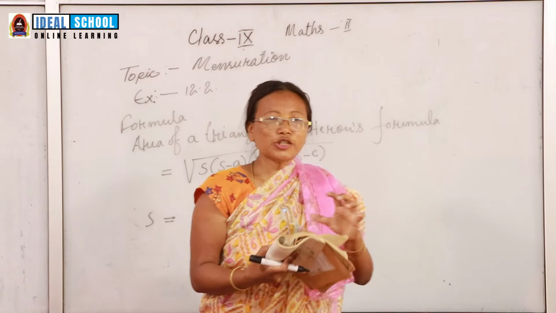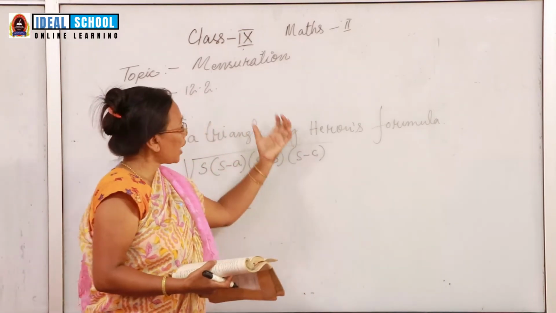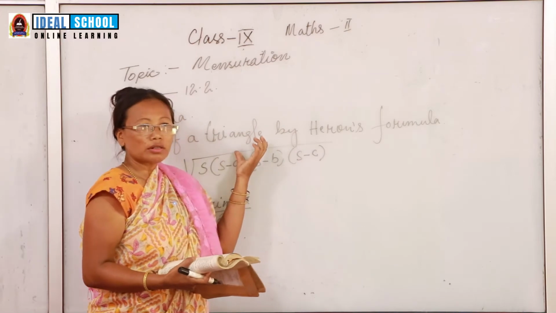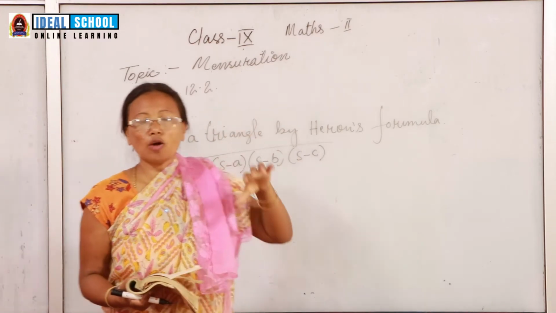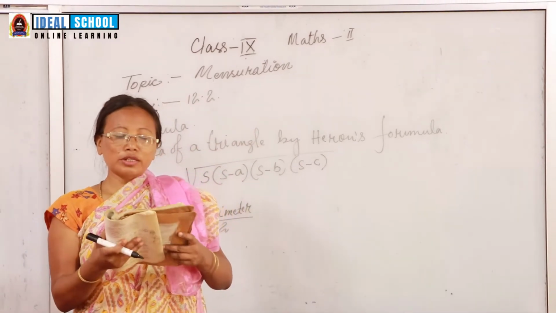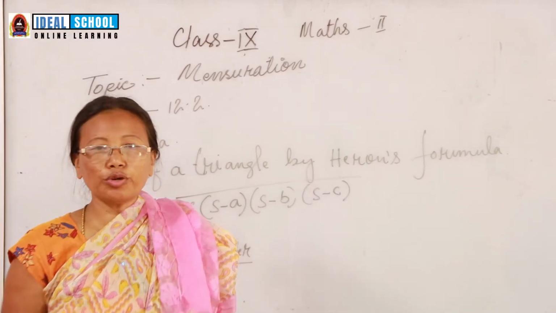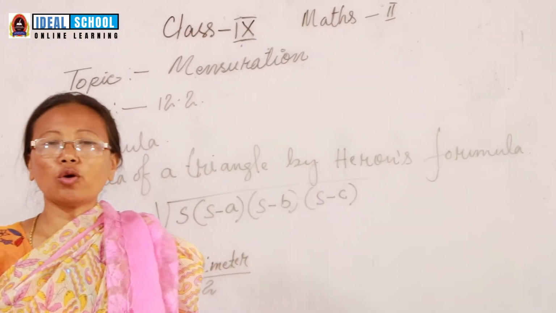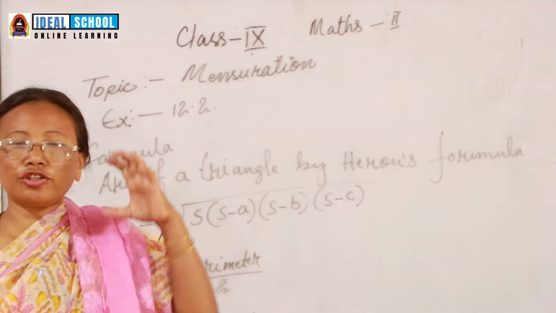It is mentioned about the quadrilateral, but the formula is for a triangle. How do we use this formula for finding the area of a quadrilateral? We will not be able to use this directly. Now let me teach you how we find the area of a quadrilateral by using the area of a triangle.